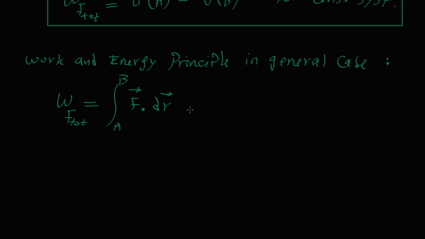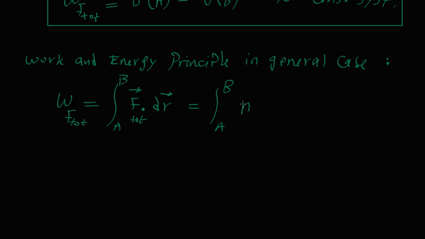So here I can write the integral from A to B, and because this is F total, we know from Newton's second law that F total is equal to ma, which is mass times acceleration.